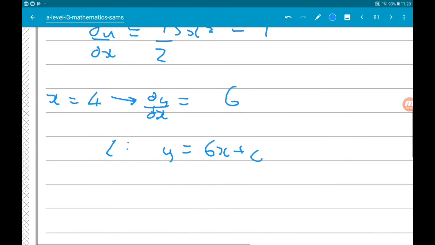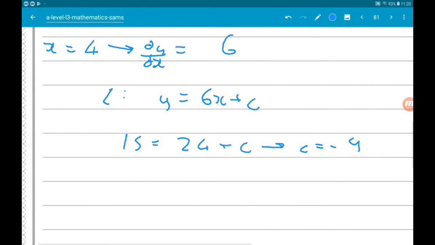So 15 is equal to 6 times 4, 24, add c, which tells us c is minus 9. So L is the line y equals 6x minus 9.